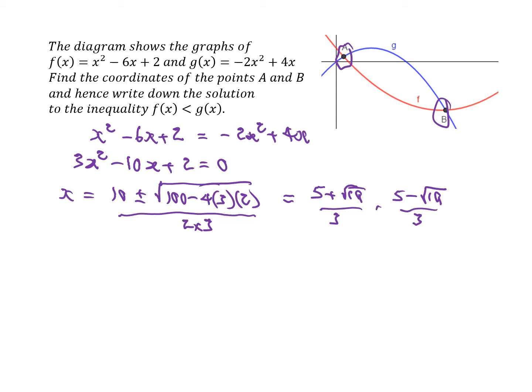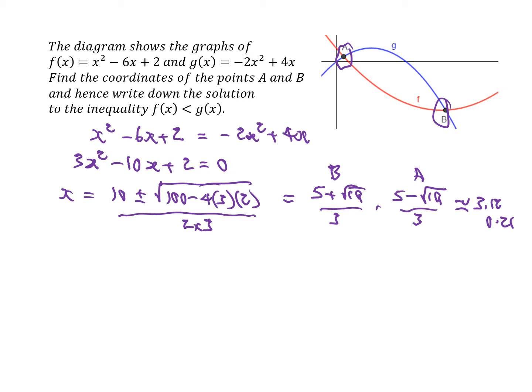So the approximate values in decimal form of those are 3.12 and 0.21. So 3.12 is clearly the x coordinate of B, and the other one is the x coordinate of A.